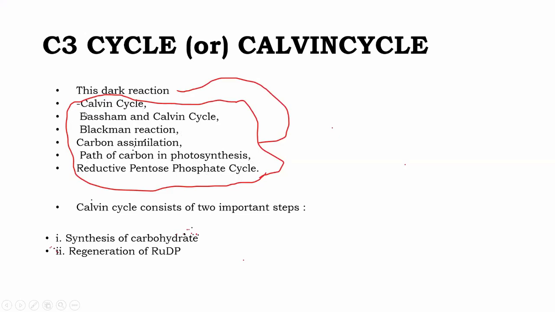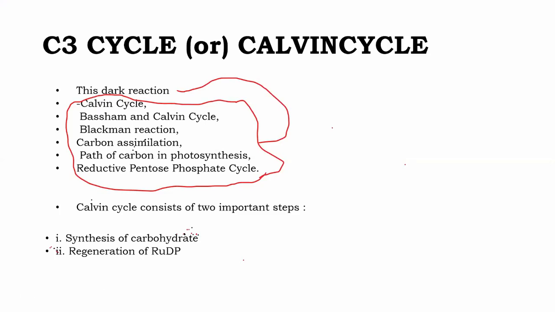All these names imply the dark reaction. That means it is light independent. But keep in mind, to have this reaction we need energy, ATP and NADPH, that has to come through the light reaction. So once the light reaction is there only, it can proceed further. Understood?